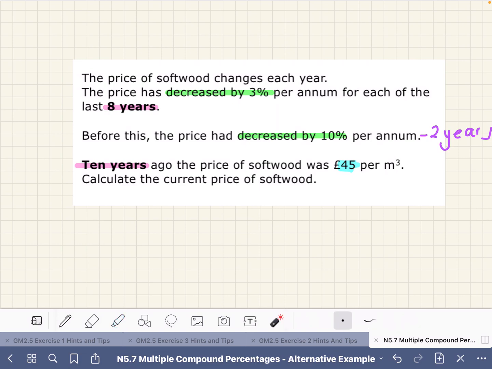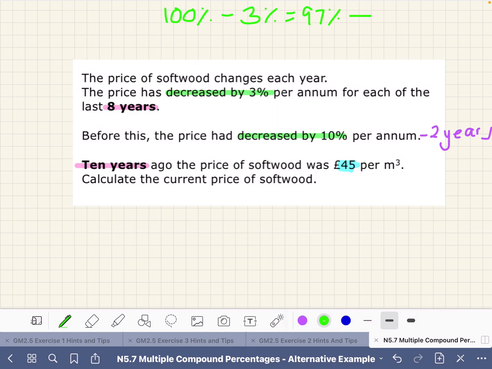Okay, so starting off here, decreased by 3%. That means we had 100%, we decreased, so we took away 3%, which left us with 97%.